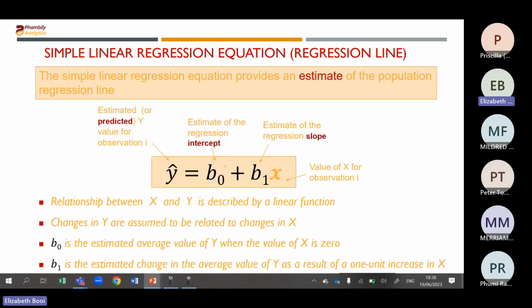So for b1, if let's say the value is positive 0.6, we will say there is an average increase of 0.6 in Y. I can't even remember what value I used, but let's say it's 0.6.